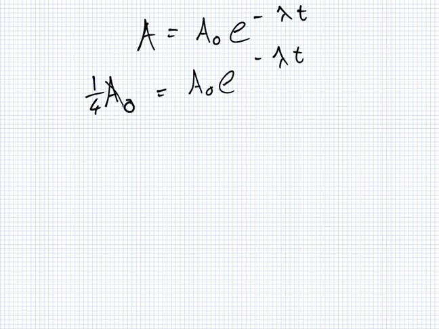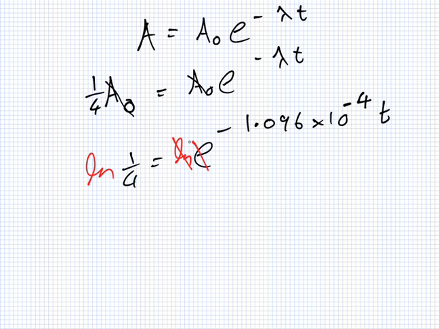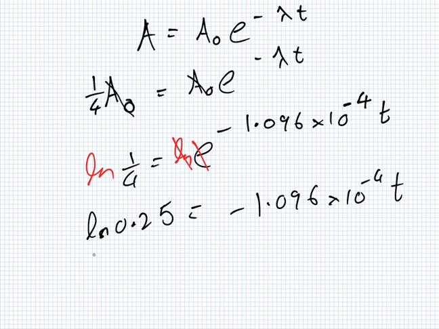Now these cancel. What is lambda, please? 1.096 times 10 to the minus 4. Okay. You know the story. Log, cancel, log 0.25 equals minus 1.096 times 10 to the minus 4 t. It's a minus number.